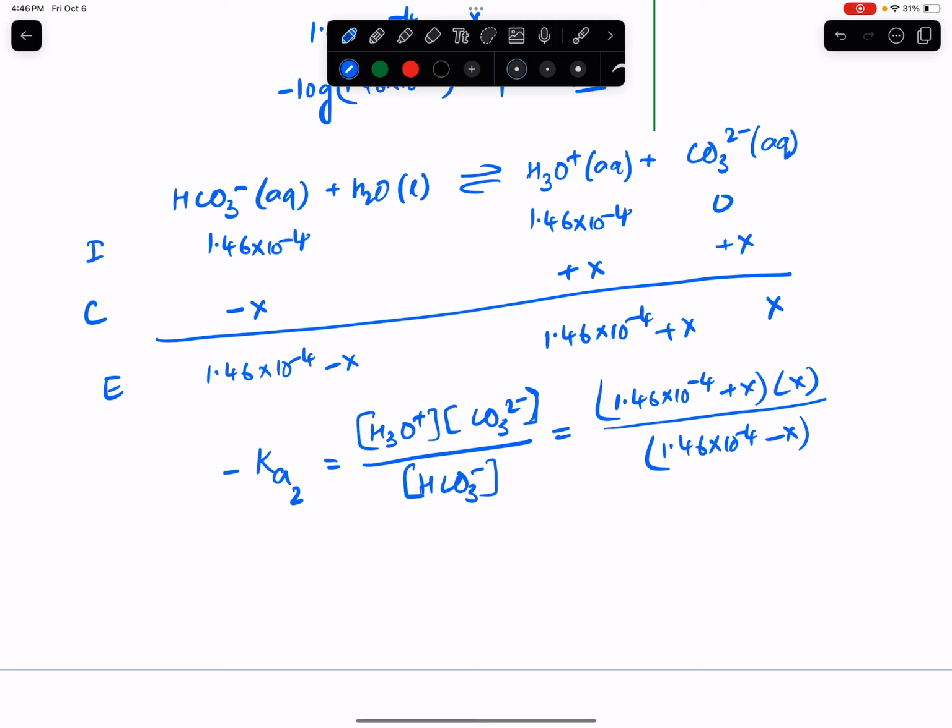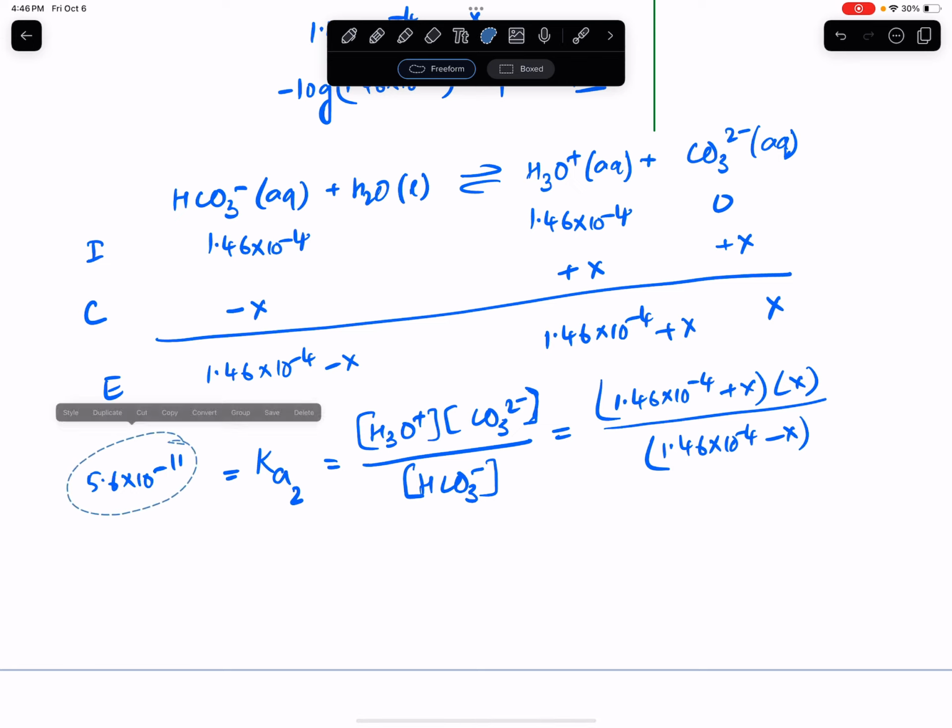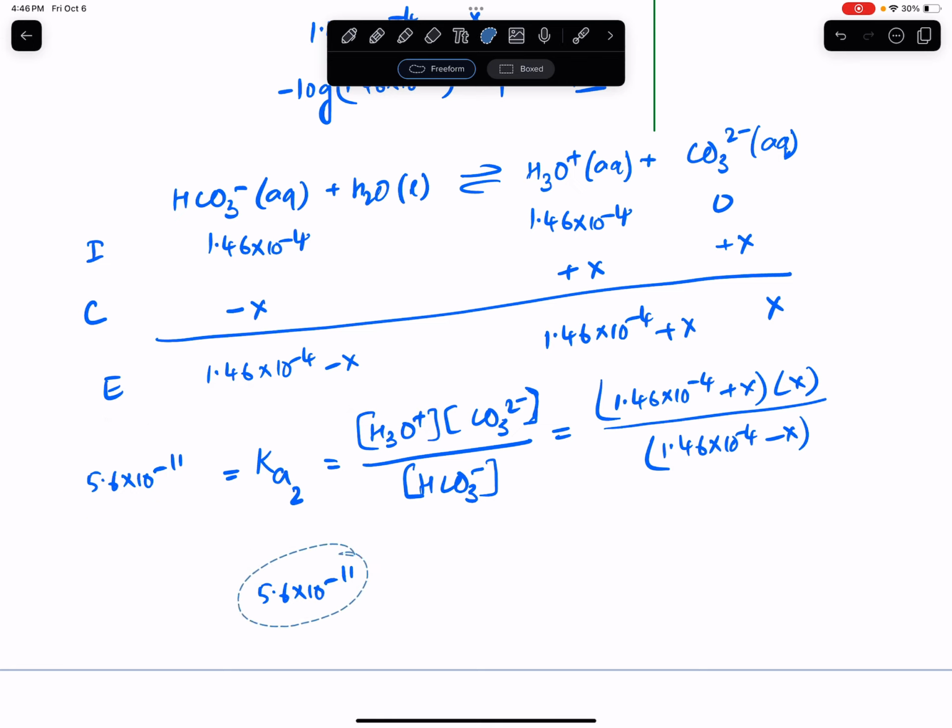Now, this Ka2, we can pull from a table, and that is equal to 5.6 times 10 to the negative 11. I'm just going to write this out down here so it looks a little neater.